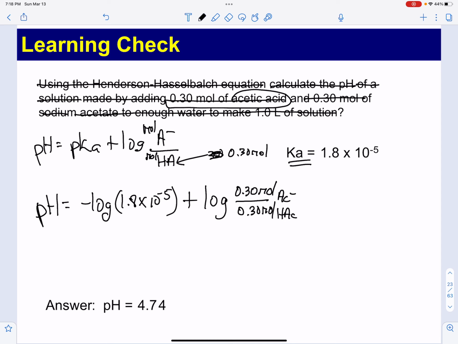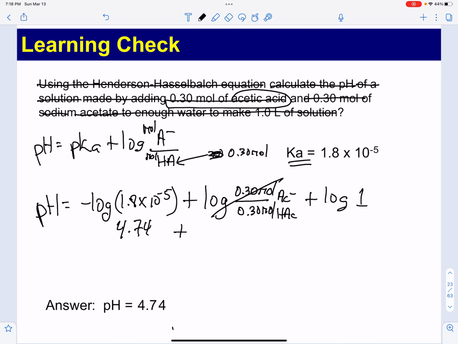10 to the minus 5. If I find the log of that, but it's not just the log, it's the negative log, then I get 4.74. So this is 4.74 plus the log of this, which is nothing more than the log of 1, right?